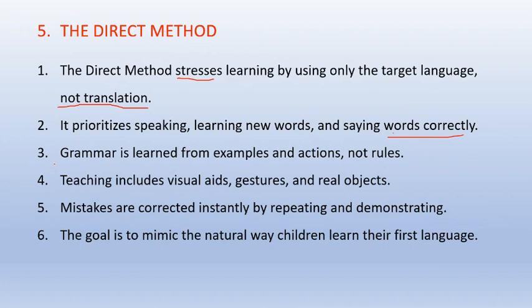Point number 3, grammar is learned from examples and actions, not rules. As you know, throughout the direct method, grammar is learned by doing the exercise or practice first, then the teacher gives them an opportunity to define the rules, to set up the definitions.